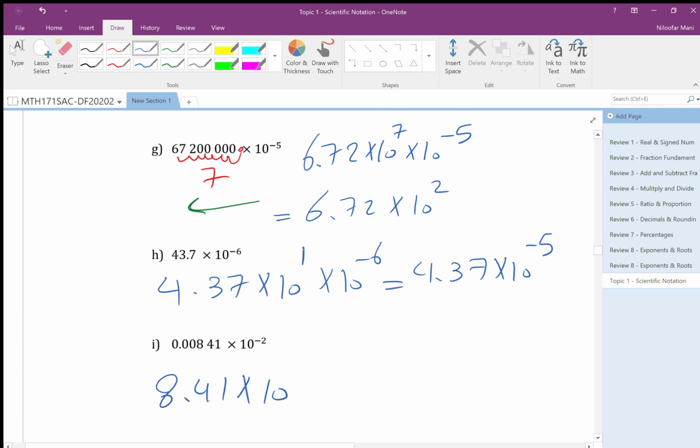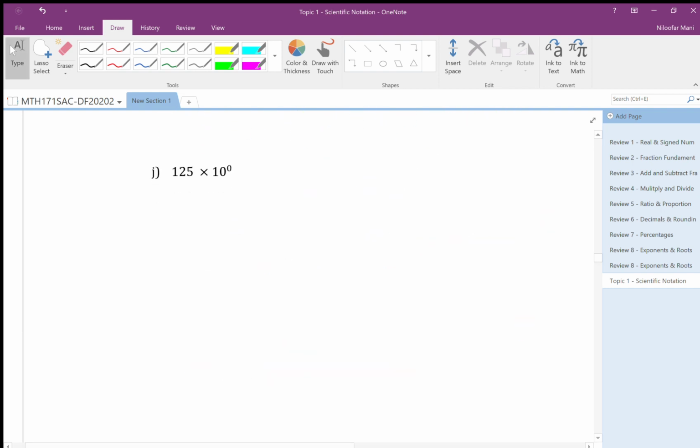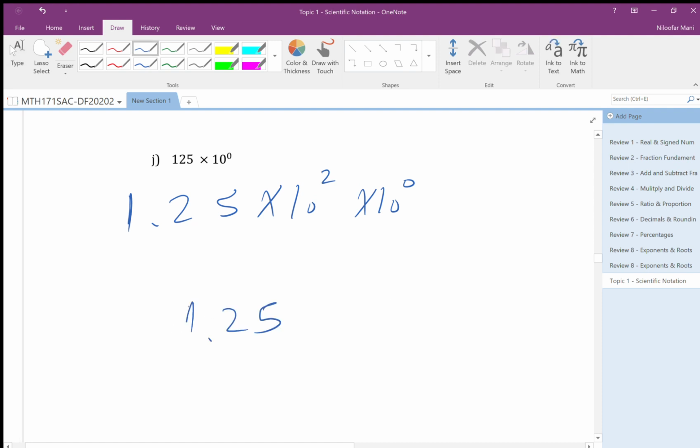I move 3 to the right, so it must be minus 3. So minus 3 times 10 power minus 2, which is 8.41 multiple 10 power minus 5. And how about the last? The last one is 1.25 multiple 10 power 2 multiple 10 power 0. 10 power 0 is just 1. So the answer is 1.25 multiple 10 power 2. Done.